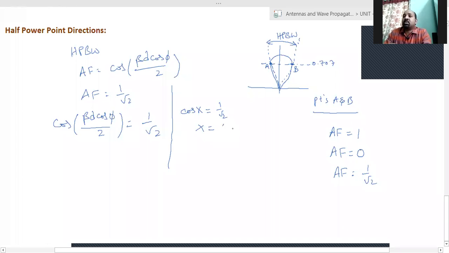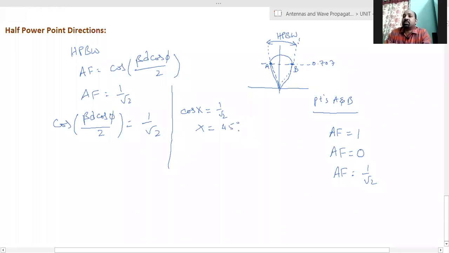So x is 45 degrees, right? When x is 45 degrees, then cos is 1 by root 2. What is the next value of x where you will get 1 by root 2?